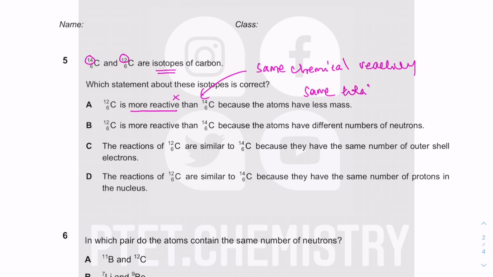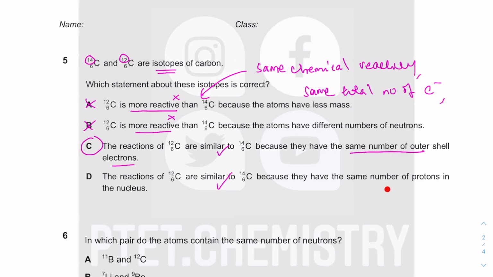If you have the same total number of electrons, your valence electrons are the same, and therefore you have the same chemical reactivity. So more reactive is incorrect because isotopes have the same chemical reactivity.